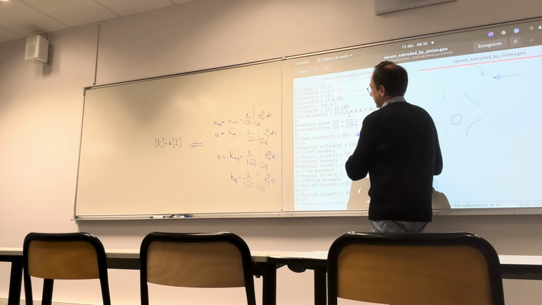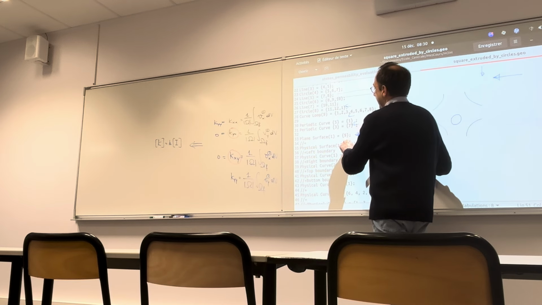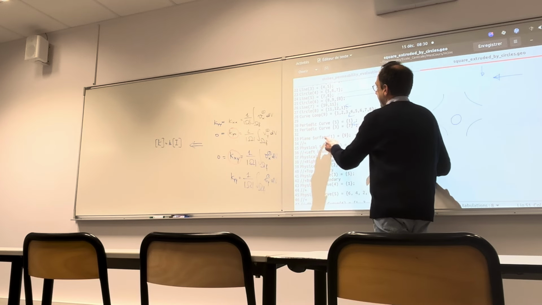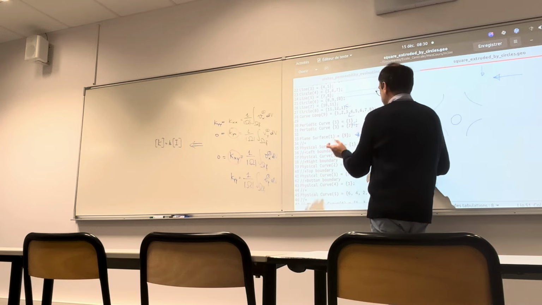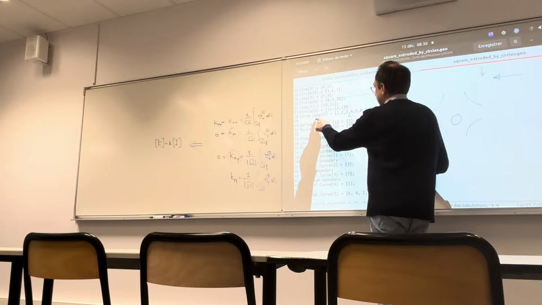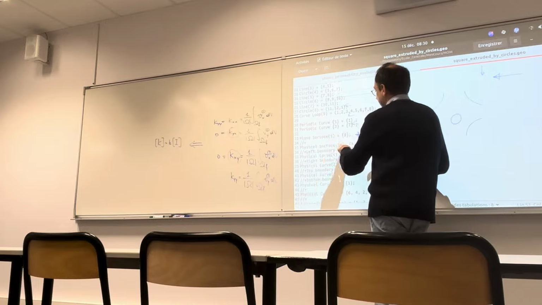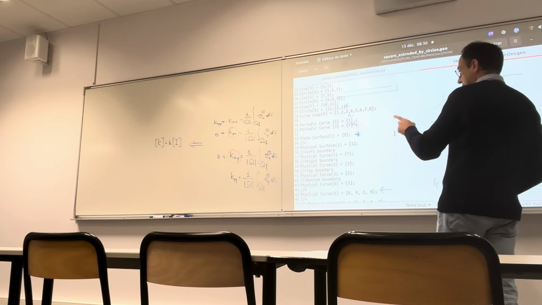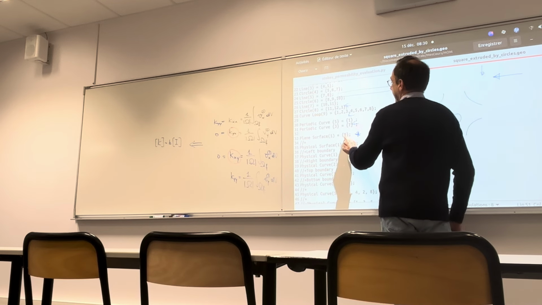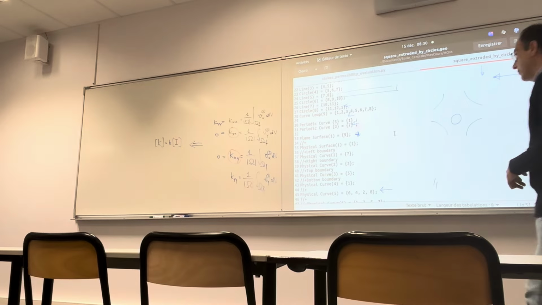In fact, plane surface 1, 9 means take the plane surface as the one generated by the closed curve 9. So you have to consider the two curves. If I remember well, it's just a matter of adding here the other curve, but you can check.